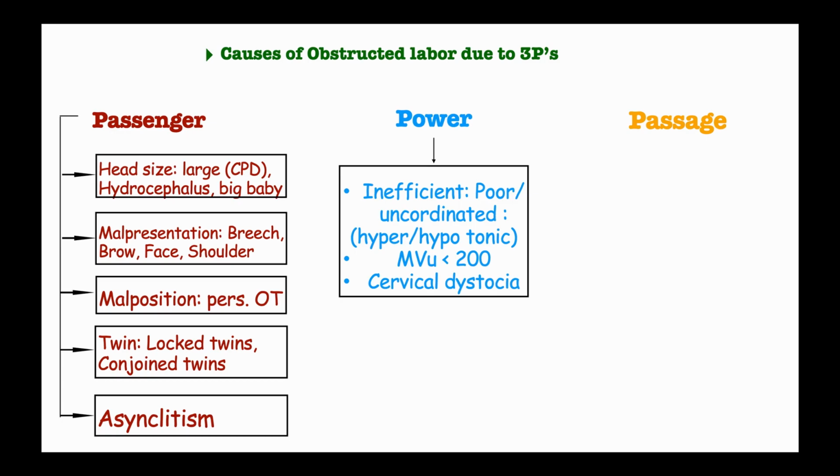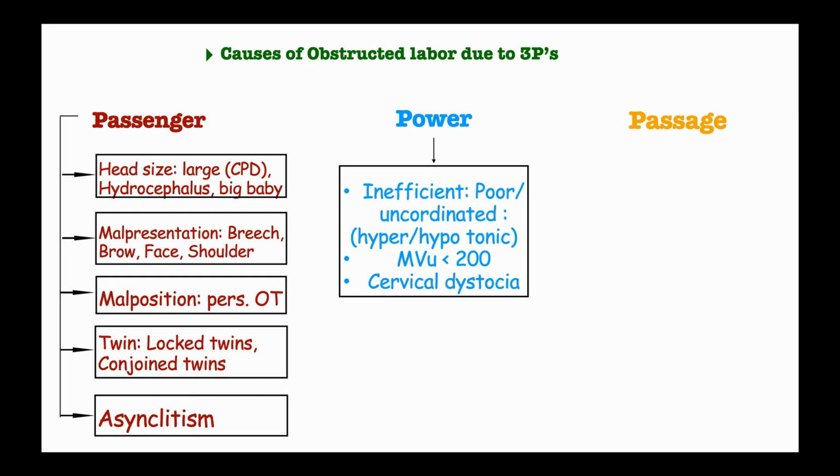And for uterine contractile force to be considered adequate, we must have a Montevideo unit of more than 200, and so any Montevideo unit which is less than 200 during a 10-minute contraction period is said to be abnormal. And so the contractions should be strong enough.